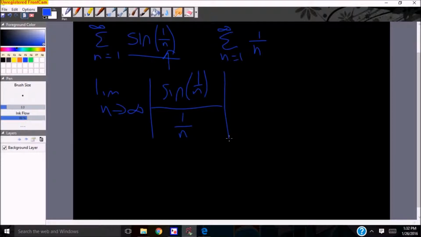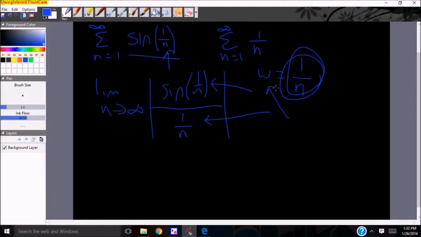So if we look at this series, 1 over n, this may not at first seem similar to you, but if I let, let's say, w be equal to 1 over n, then I would be able to replace that with a w and that with a w. And if I thought about when n goes to infinity, what does w do?